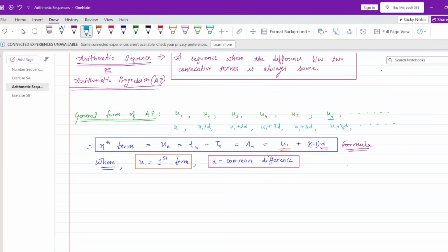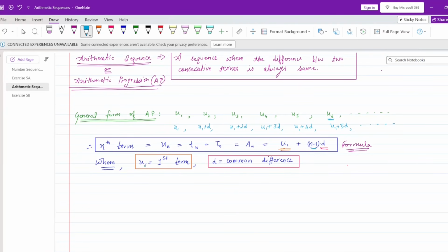What is 5? 5 is 6 minus 1, that is n minus 1. So the sixth term can be written as u1 plus 5d. Therefore, the nth term is u1 plus (n minus 1) times d, and this can be considered the formula for the nth term, un or tn.